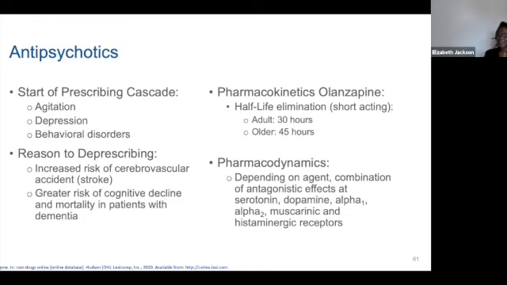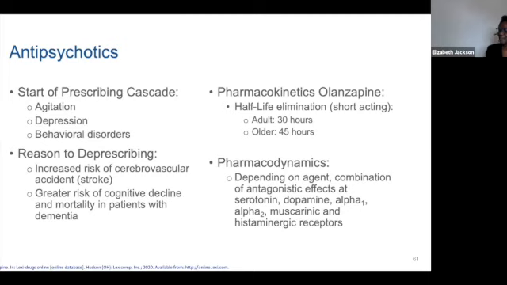And I'll move on to antipsychotics. Let's say you have a patient that has agitation and they are prescribed olanzapine. The half-life elimination of olanzapine for an elderly patient would be 45 hours, and for a patient that's not elderly, that would be 30 hours. So you can see almost 15 hours that we are talking about.